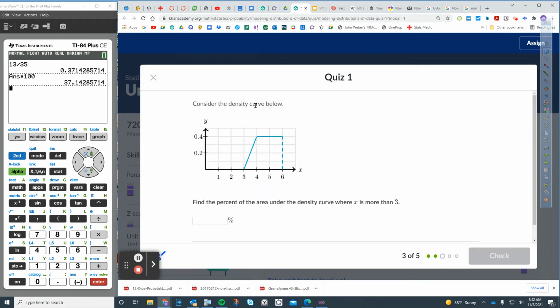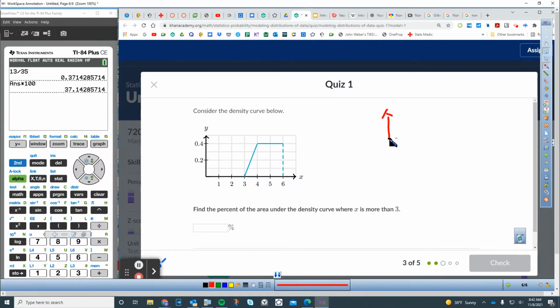So consider the density curve. This is called a density curve. You see that it is dotted here. It's like a histogram: if you have a histogram with all the bars touching, and you roughly look at the shape, it looks like this.